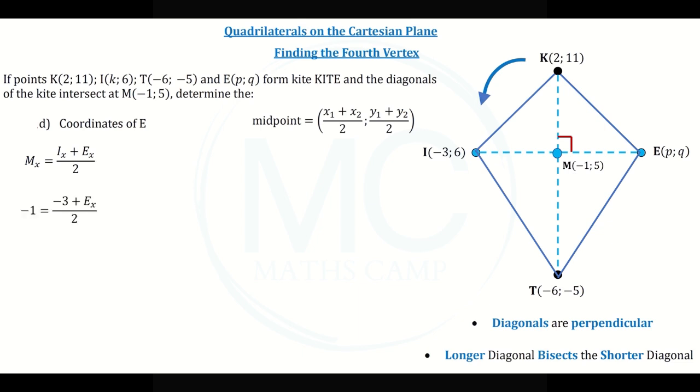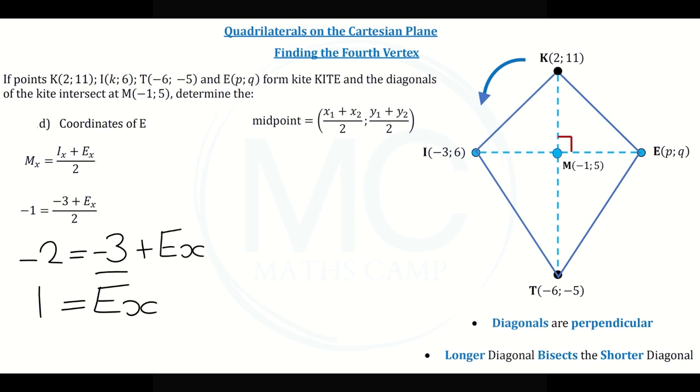Now we multiply both sides by -2, and we get -2 is equal to -3 plus ex. To get the x-coordinate of E by itself, we need to add 3 to both sides, and we see that 1 is equal to the x-coordinate of E.